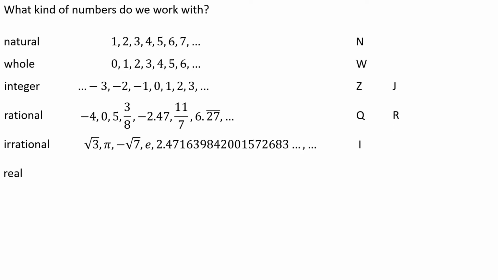And then for the real numbers, if we take all the rational numbers and combine them with all of the irrational numbers, those are the real numbers. Now, of course, when I was a youngster and we used capital R for rational, we would then use a script capital R for real.